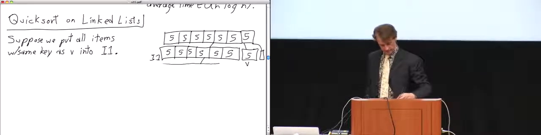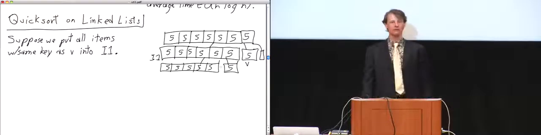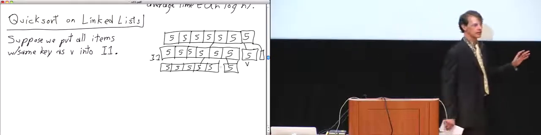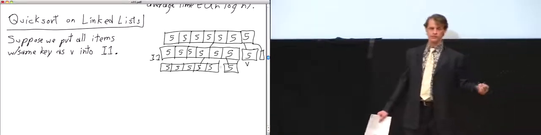And again, it doesn't matter which one is the pivot. You're going to do the same thing over again. And you can see where we're going here. We're going for n-squared performance again. So this policy is no good. Putting all the keys equal to the pivot in I1 means n-squared running time when all the keys are the same. Not acceptable. We need to do something else.